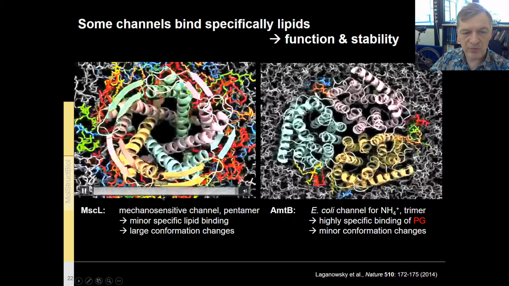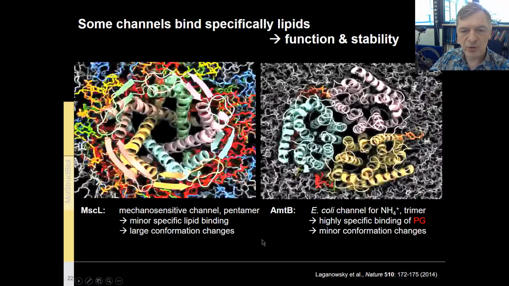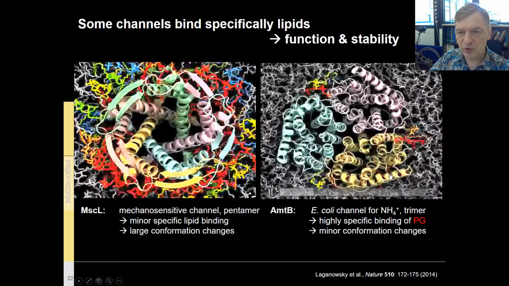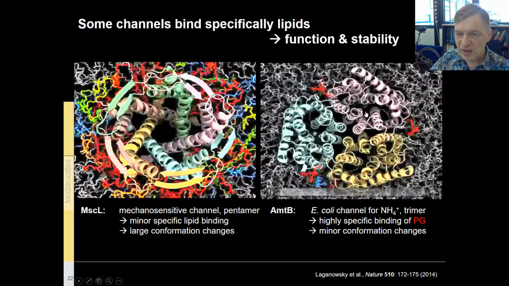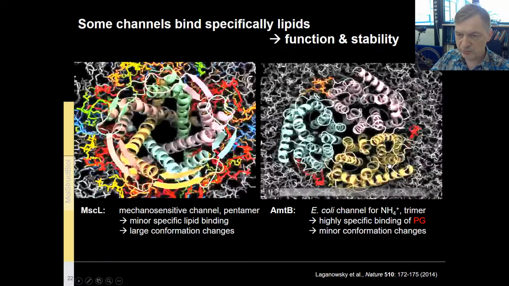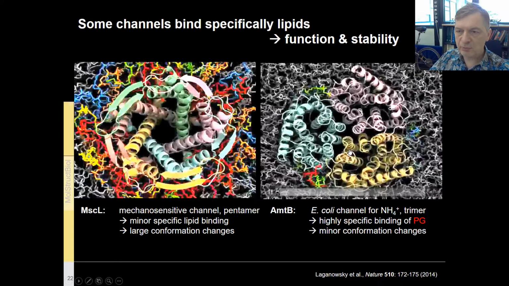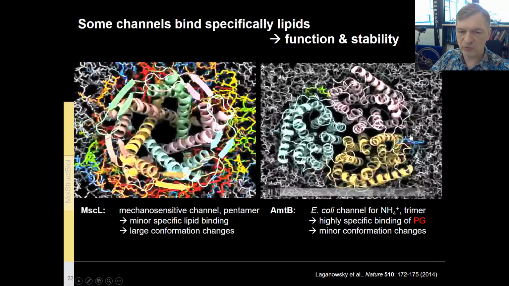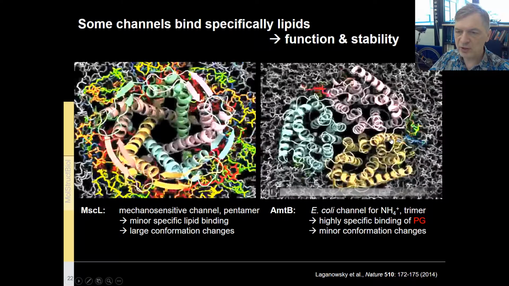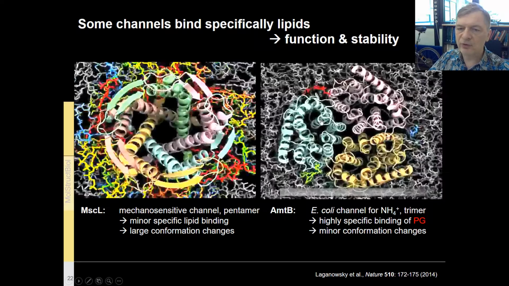For comparison, another membrane protein, the ammonia channel AmtB from Escherichia coli, forms a trimer. Its function is to allow conduction of ammonia ions inside the E. coli cells because they require nitrogen. This transporter is highly specific for a single lipid species, phosphatidylglycerol. This one is almost permanently attached at the interface site, so the PG is stabilizing the trimer.